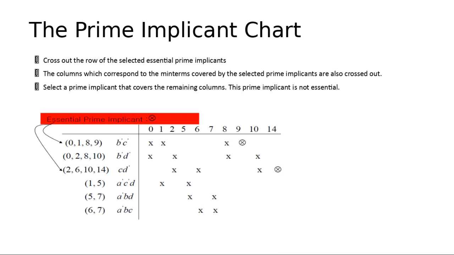In this way, you have to cross out the row of the selected essential primes, like this one and this one essential prime, and you just cross them. And also this one.